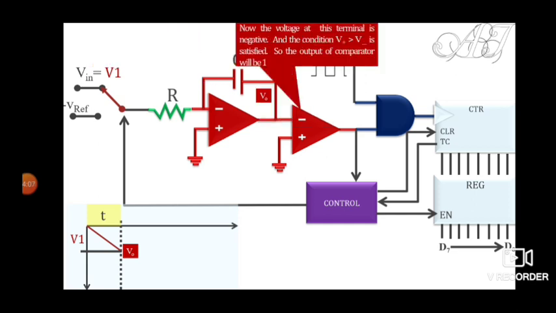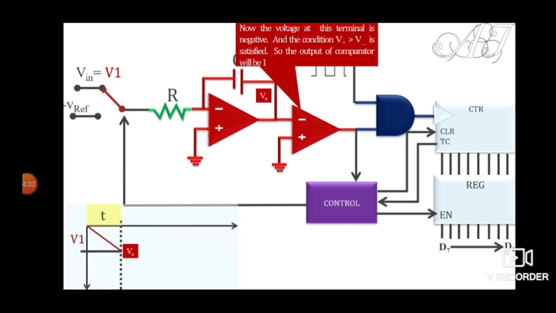Now the comparator: the voltage available at the inverting terminal is negative and the positive terminal is connected with ground. So obviously the condition we discussed earlier, that V plus should be greater than V minus, is satisfied.